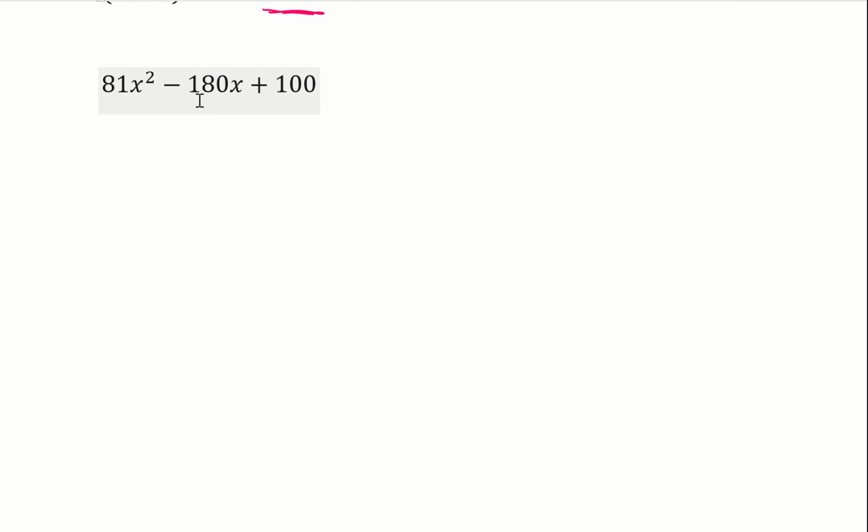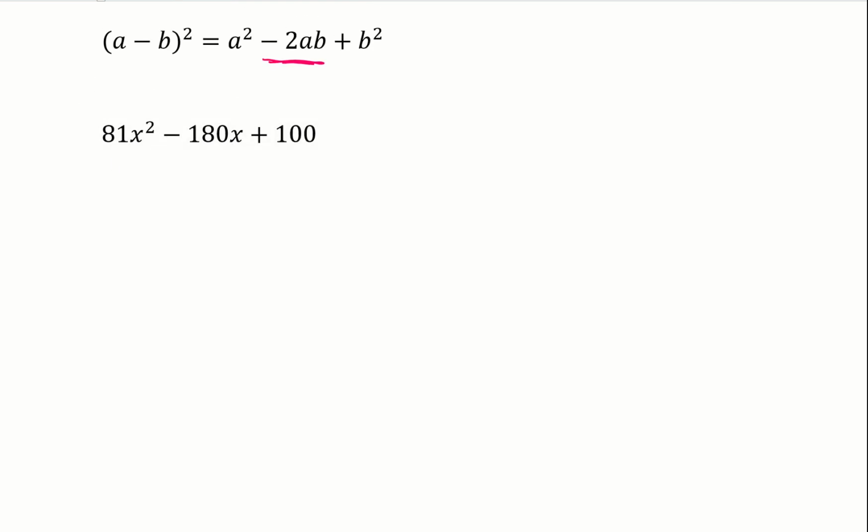We'll look at one example here. So here, what you should recognize is you have a perfect square for your first term. You have a perfect square for your last term. And so square root of 81 is 9. Square root of x squared is x.